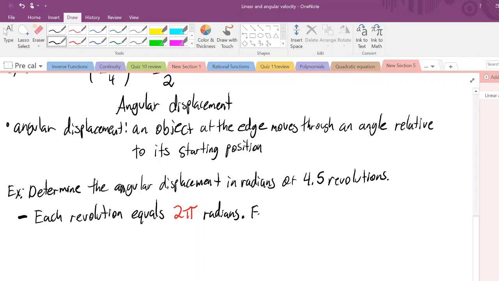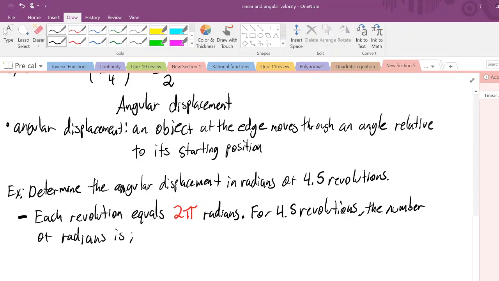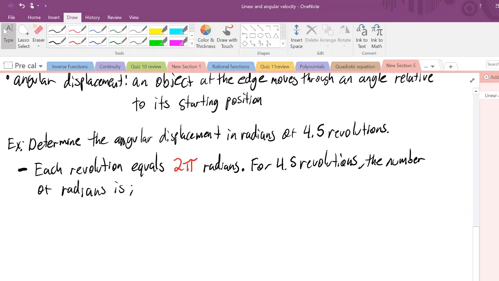So for 4.5 revolutions, the number of radians is as follows. So this is all you have to do, boys. This is extremely simple. It's 4.5, right? Because that's what it's asking right here.